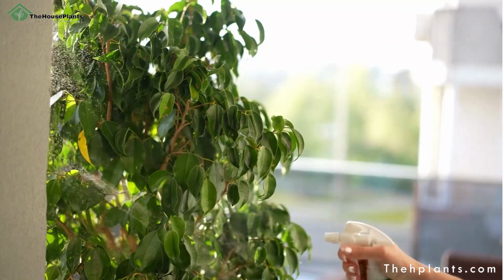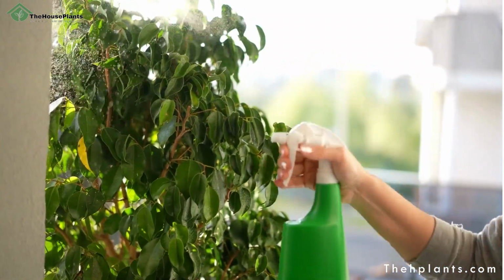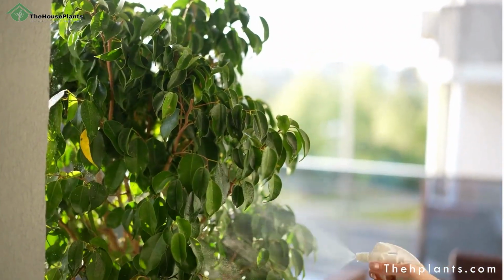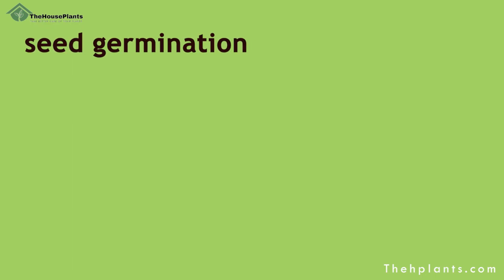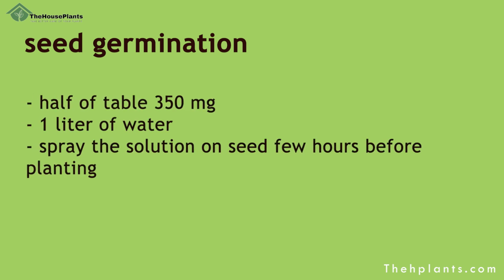The other benefit of aspirin tablets is for seed germination. If you want to improve germination of your seeds, you can use the tablet. For making this solution, use half of a 350 mg tablet and 1 liter of water.